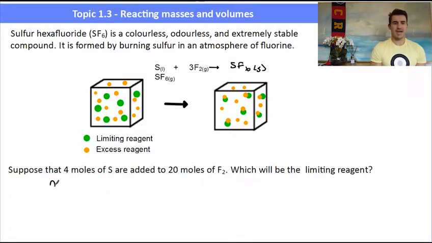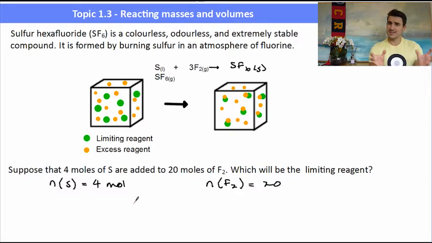Now suppose that we have 4 moles of sulfur and 20 moles of F2, which will be the limiting reagent. So the number of moles of sulfur is 4, the number of moles of fluorine gas is 20. Now just because sulfur is smaller does not necessarily mean that it's the limiting reagent. To determine the limiting reagent, we do a simple little trick.